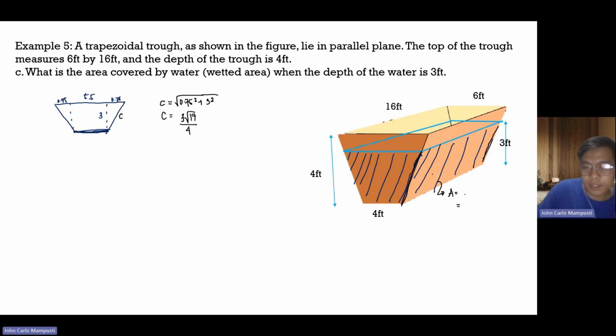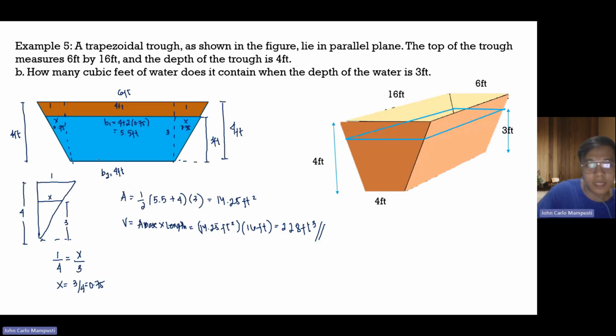So dito, yung area nito, itong side lang na to, sabihin na lang natin lateral na lang to. So AL equal to 3 square root of 17 over 4 times 16, kasi 16 feet yun. Therefore, this is equal to 12 square root of 17.